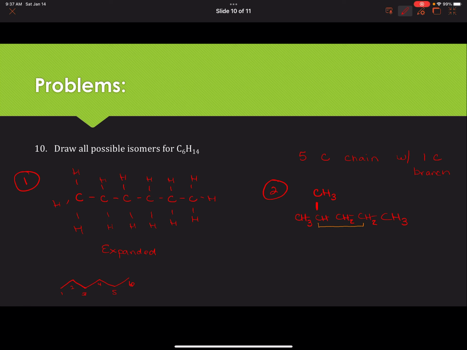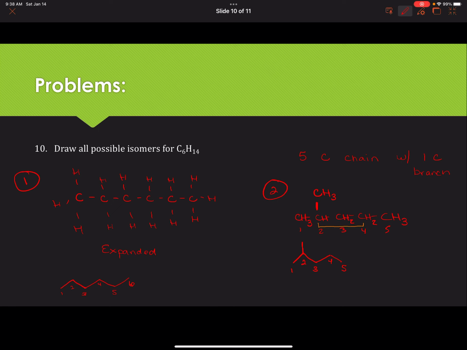If I were to draw my line structure, we're going to draw our zigzag with 5 points, and then we're going to have our branch coming off of carbon number 2.